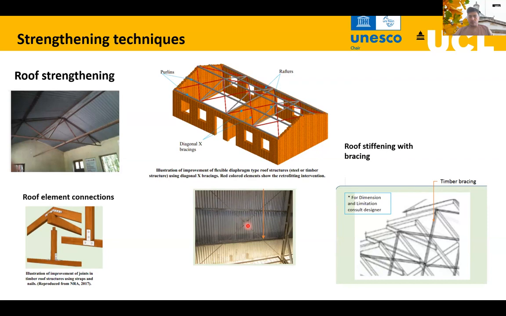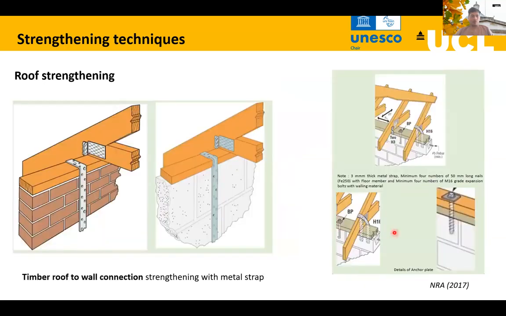This is a steel building, a steel roof structure, where you can again use diagonal X bracing, and this is a timber structure. So we can install diagonal braces and also strengthen the connections within the elements so that we stiffen the roof structure. About roof and wall connections, so these are vertical walls, and the roof elements are resting on this wall.